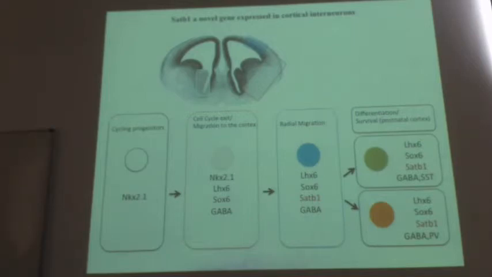So because of this spatiotemporal expression of SATB1, we thought this factor might be important to initiate a maturation program of cortical interneurons. And we thought there are two major criteria that this factor should fulfill in order to consider it a maturation promoting factor. First of all, it should stop the migration of interneurons, and then it should induce the expression of mature markers.